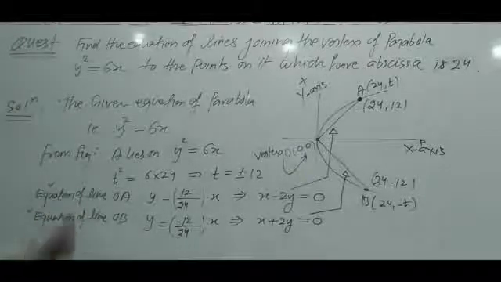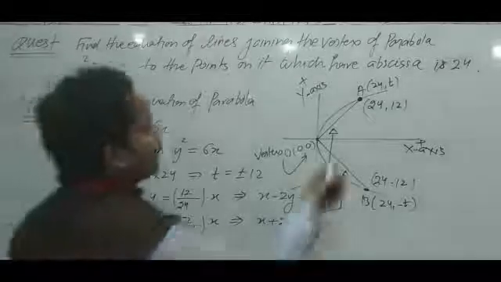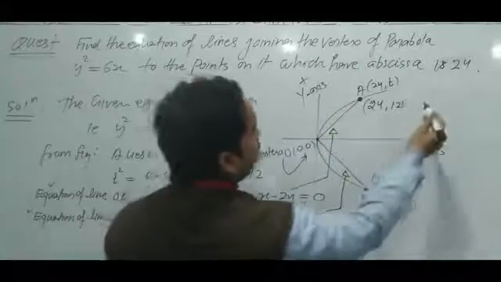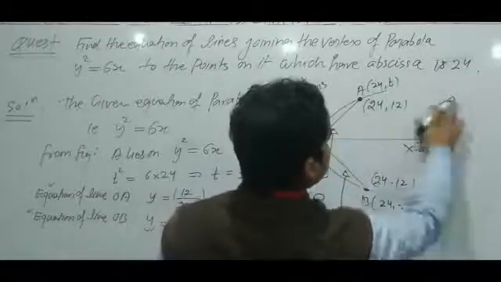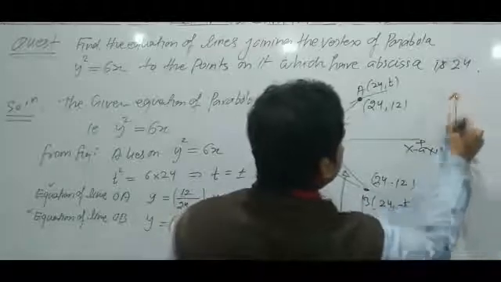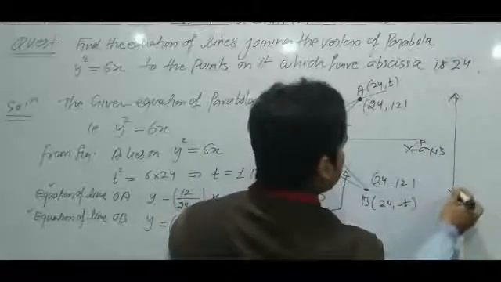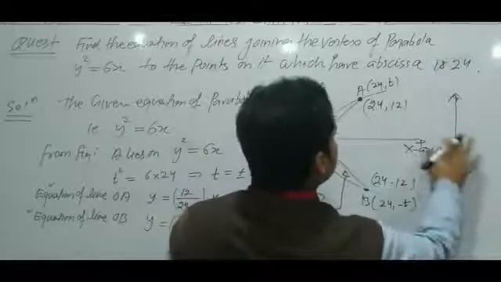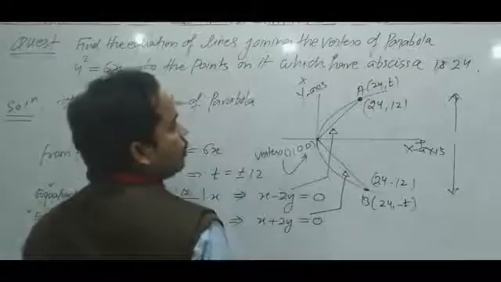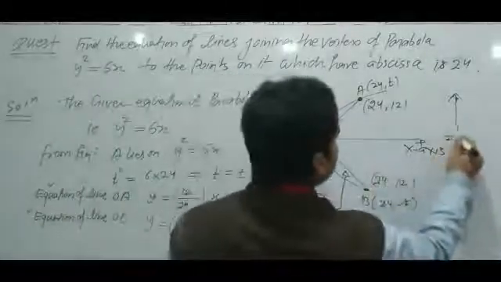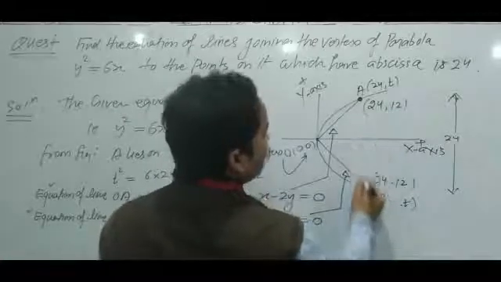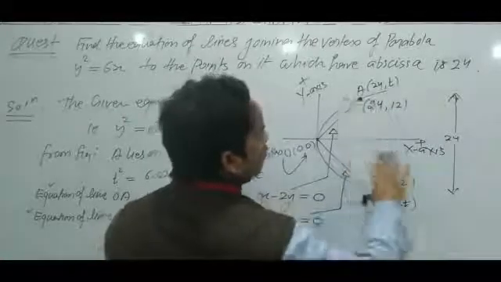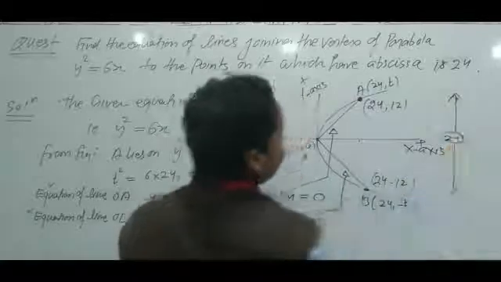Now suppose you are calculating the area. First of all, you will join. The length AB is 24, because the y coordinate is 12 and minus 12, so the distance is 12 plus 12, which is 24.